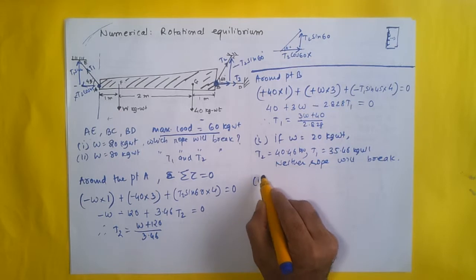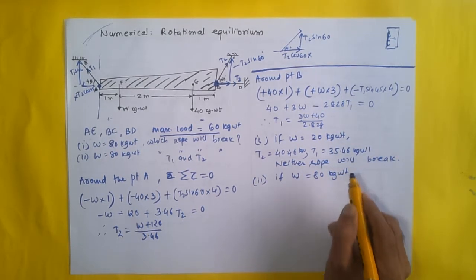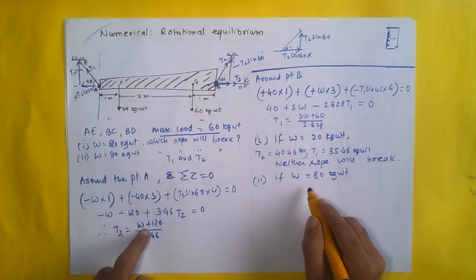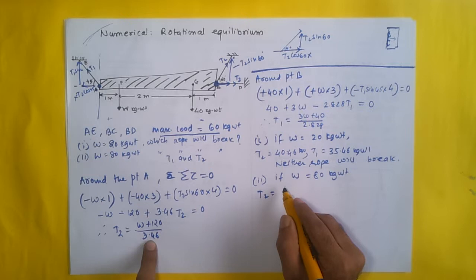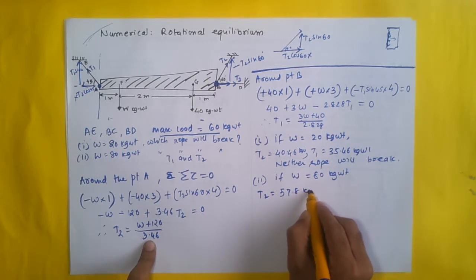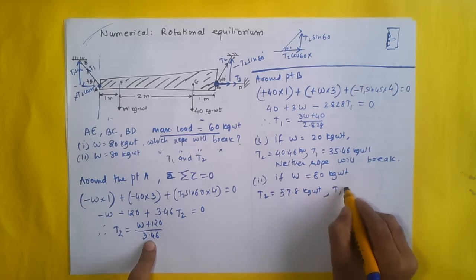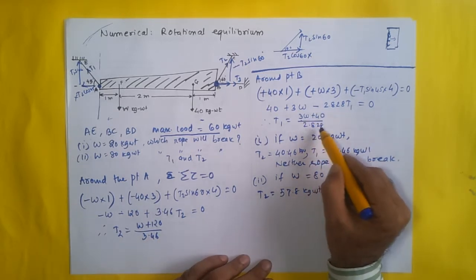Okay. Part 2. If W is equal to 80 kg weight. Again, do the same exercise, put 80 over here. So I get 200 upon 3.46. So T2 will be 200 upon 3.46, and that will give me a value of 57.8 kg weight. T1, if I put a value of 80, I'll get 240 plus 40, 280 upon 2.828.